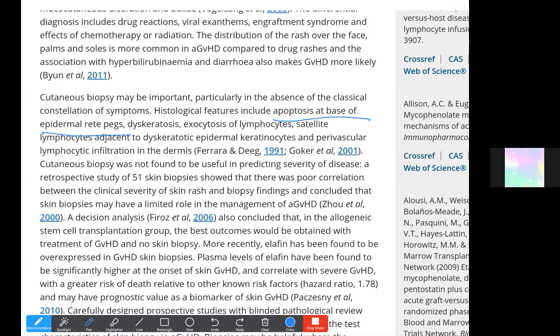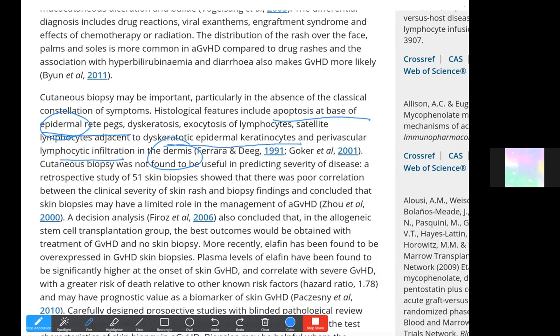So it's basically a sort of interface dermatitis, at the part where the epidermis and dermis meet. At that part, there would not only be basal apoptosis at the base of the epidermal rete ridges, but in the dermis also there would be a perivascular lymphocytic infiltration, and dyskeratotic epidermal keratinocytes would be seen.